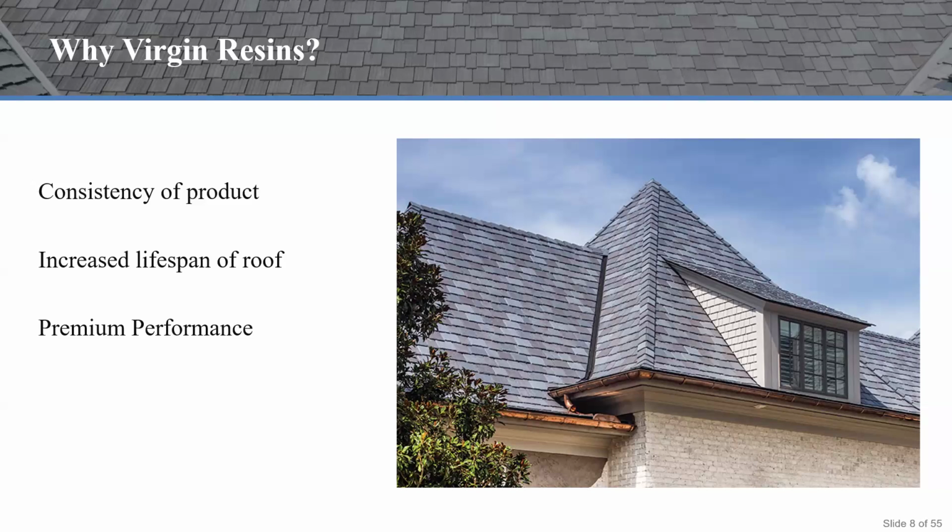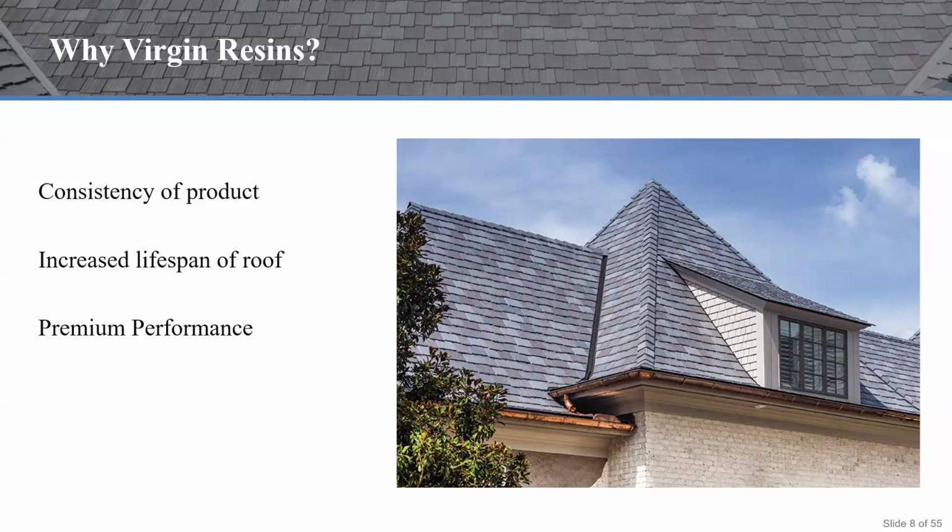Another reason why we like virgin resin versus recycled in a lot of cases is it truly does increase the lifespan of a roof. Every time that you recycle a polymer, it becomes weaker and weaker.